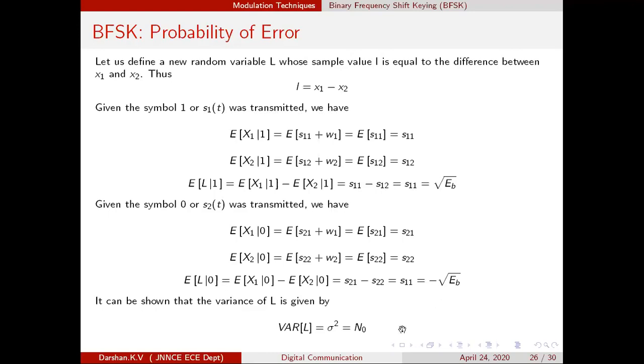Then what would be the variance? Similarly, you need to calculate the variance under both conditions. The variance of L during symbol 1 transmission and during symbol 0 transmission are both equal to N naught. What is this N naught? It is a constant related to the noise.